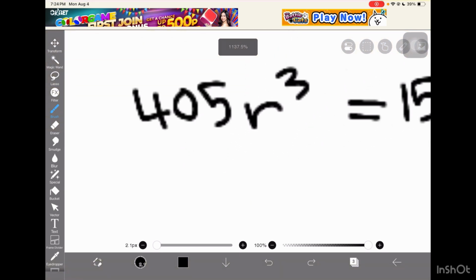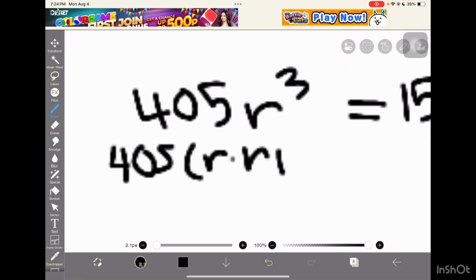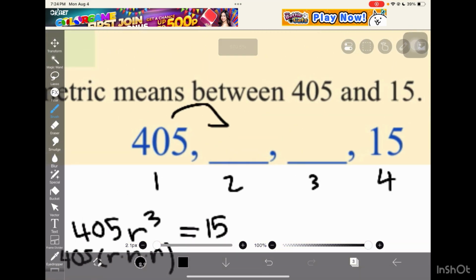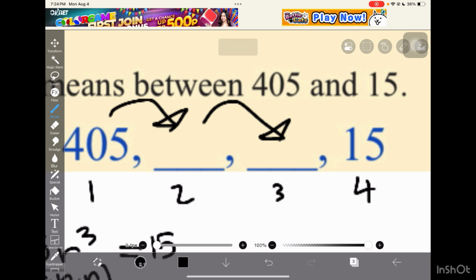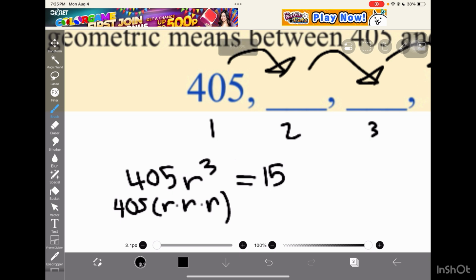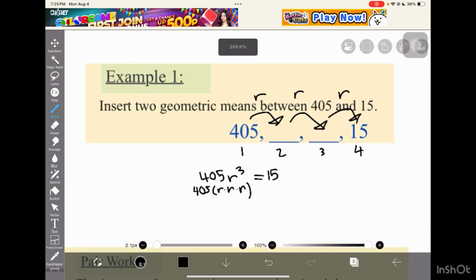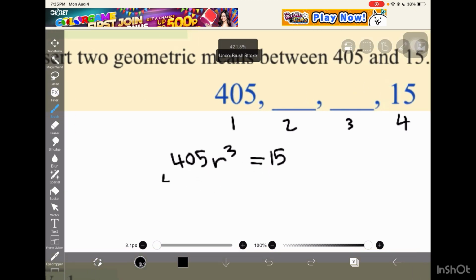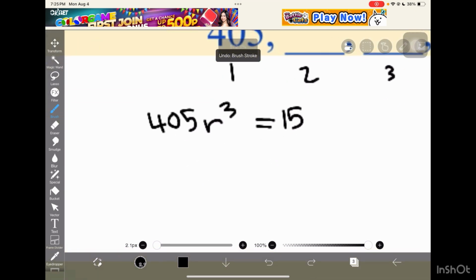This is just like saying 405 times r times r times r. Because this is r, this is another r, and this is another r. Every time you multiply by r, you're adding to this exponent here. So since we hopped 3 times and multiplied r 3 times to get 15, we can say 405r cubed is equal to 15.